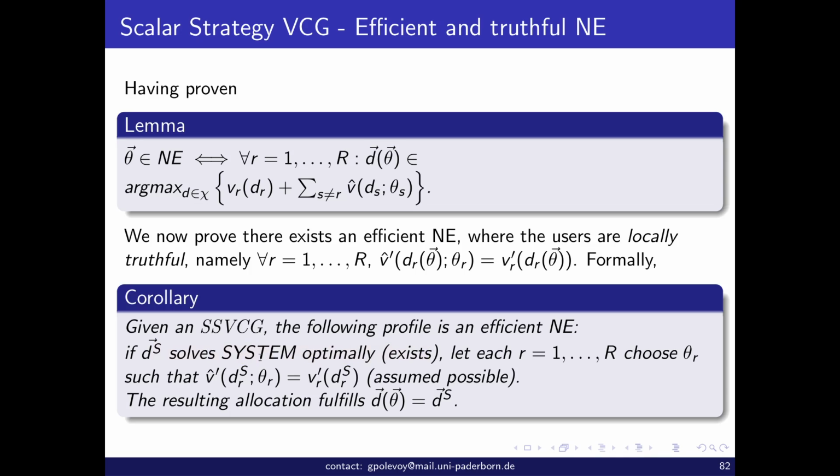Given an optimal solution of the system, which exists because of the continuity of the objective function of the system and the compactness of the domain of all the allocations, let each player choose theta r such that the derivative, when you choose theta r, the corresponding function, if you look at its derivative at this point, corresponding to this d star, the solution of the system optimum, will be exactly equal to the derivative of the actual function at this d star, and we assume it's possible.